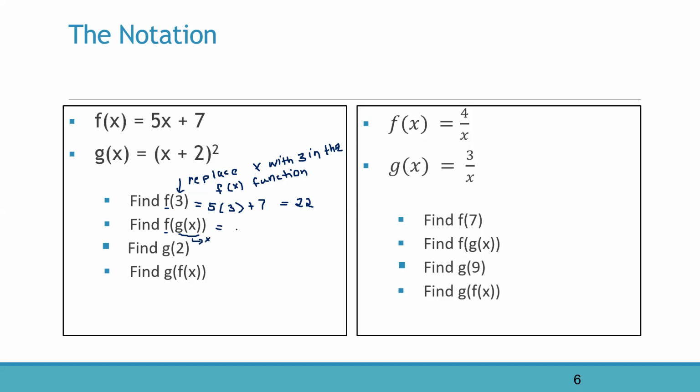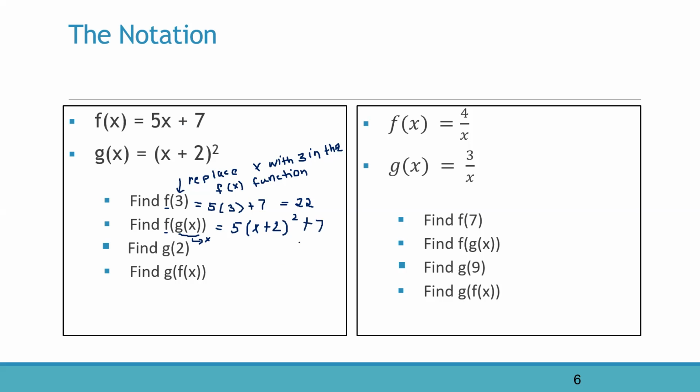So I start with the f function, so I'm going to write 5. And then where the x is, where last time I put the number 3, this is where I need to put the g of x function. So I'm going to put x plus 2 quantity squared. And then I move on and I finish the f function, so plus 7.